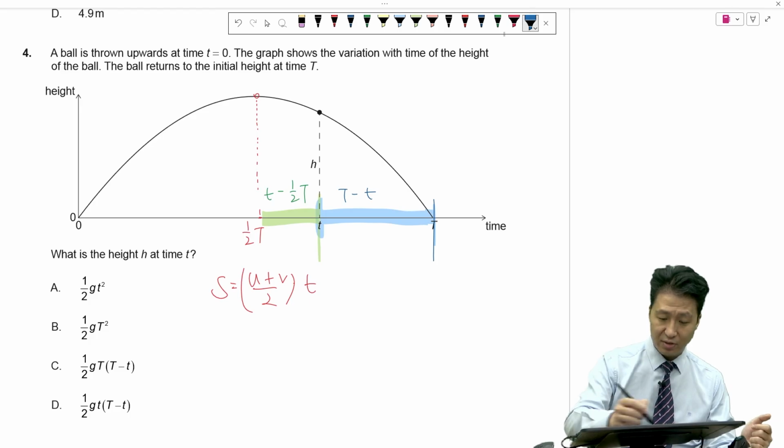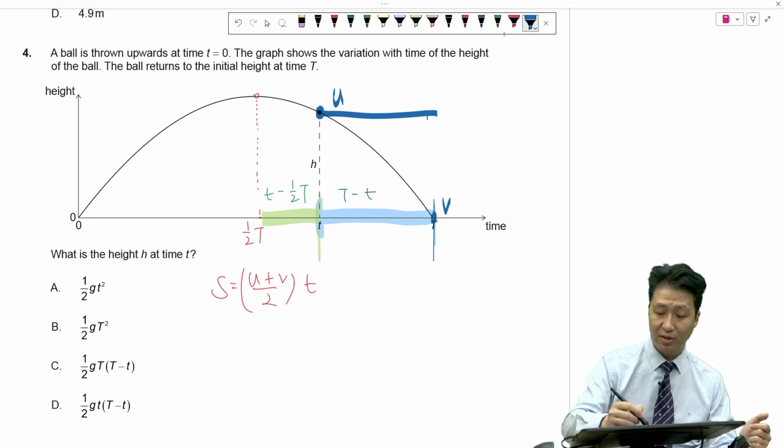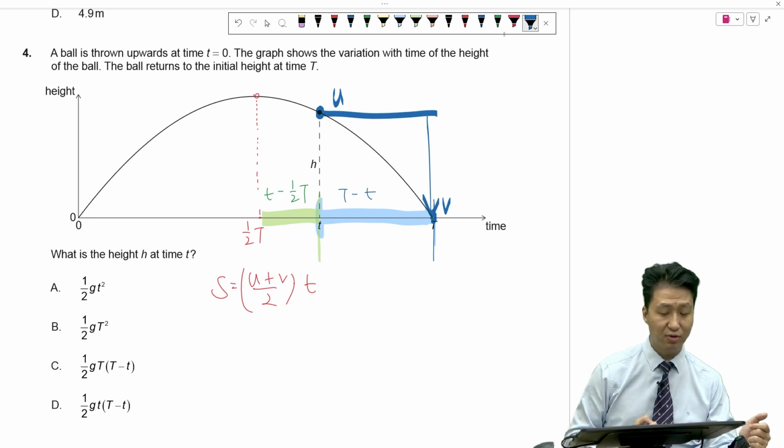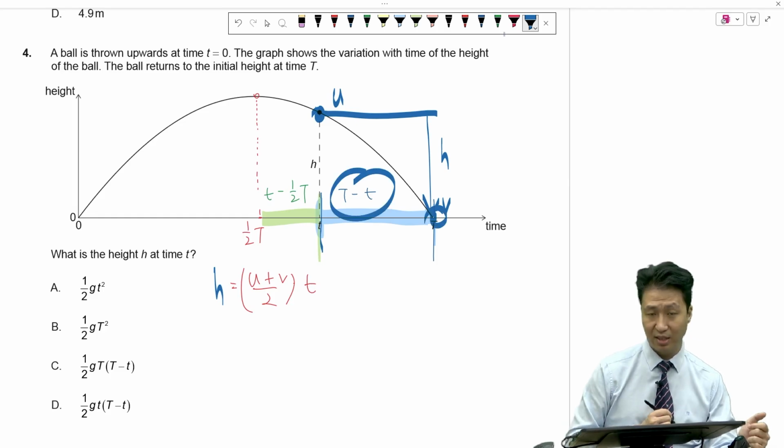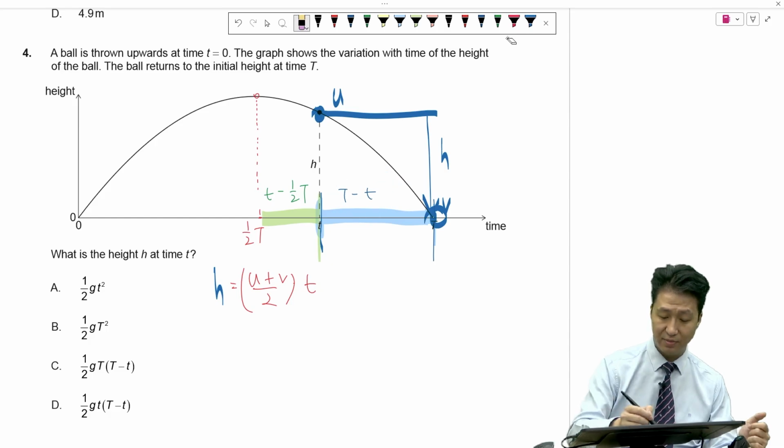We're using this as the initial velocity and this as the final velocity, and the displacement from here to here would be the height h. So we'll change this displacement to h. Second, the amount of time it takes to get from this point to this point is uppercase T minus lowercase t here. So we will change this to uppercase T minus lowercase t.